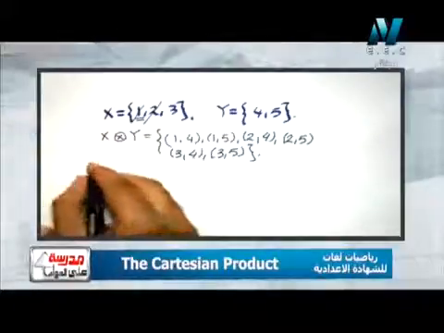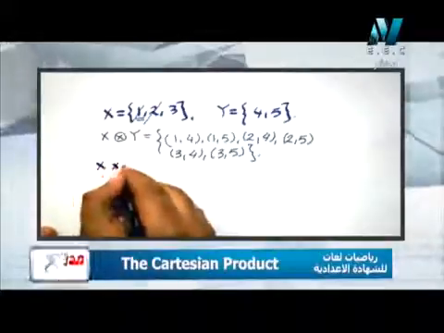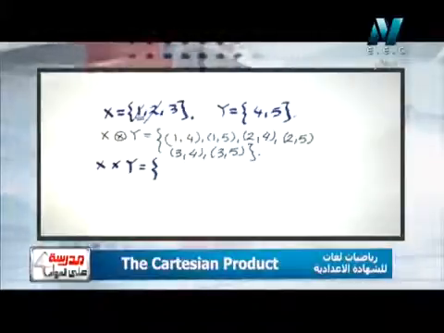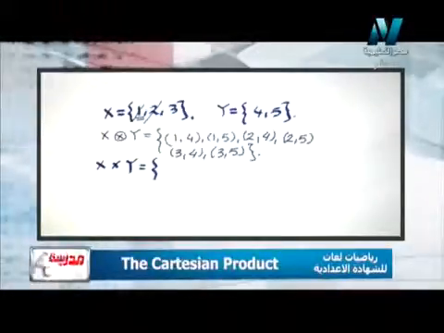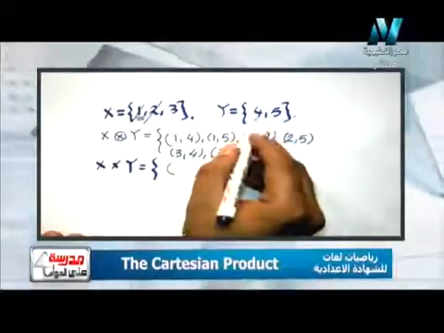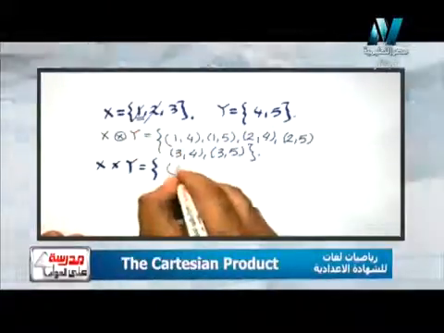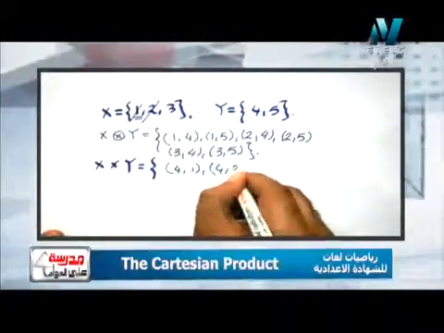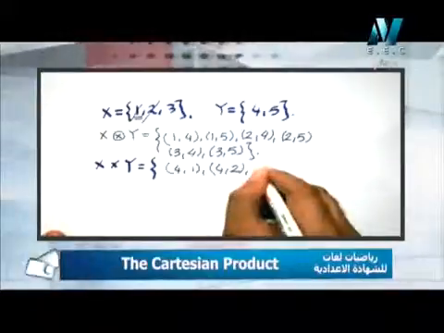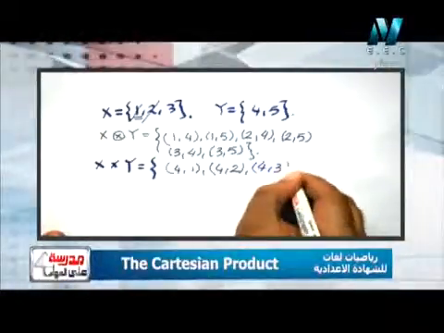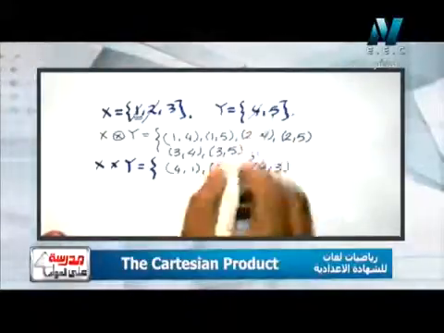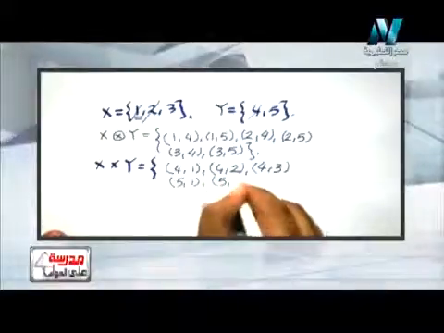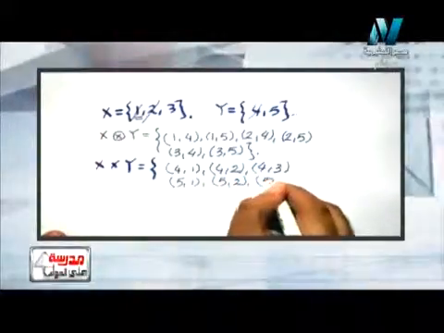In this case, we are going to start with the elements of Y. So I will say 4 with 1: (4, 1), (4, 2), (4, 3). 4 is finished. What about 5? (5, 1), (5, 2), (5, 3).